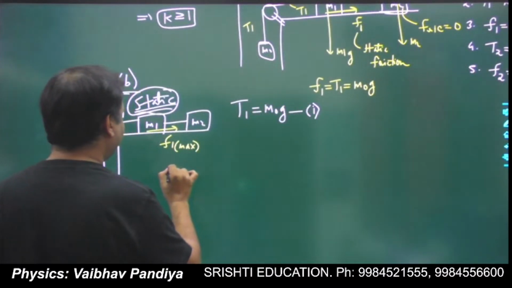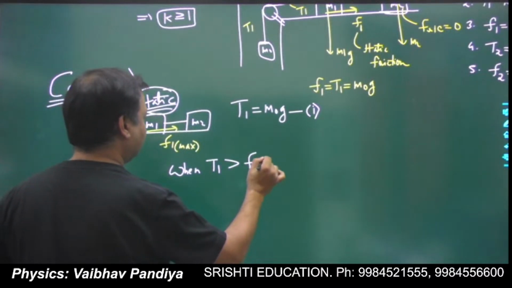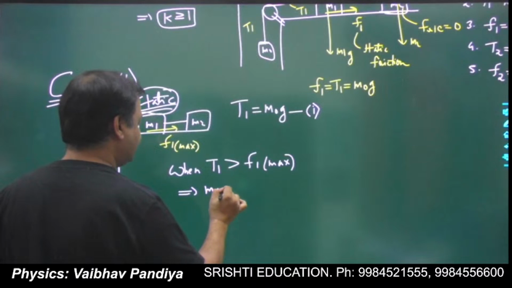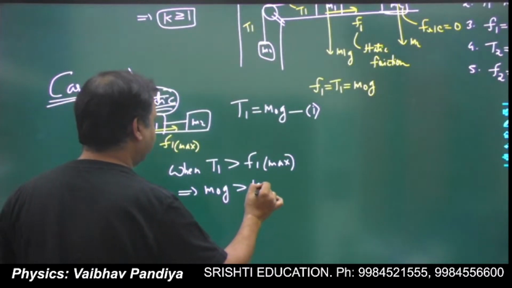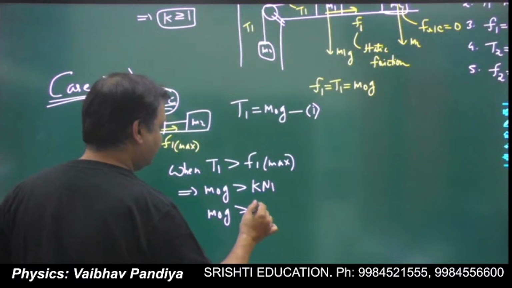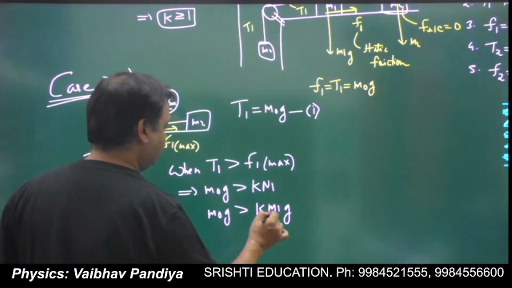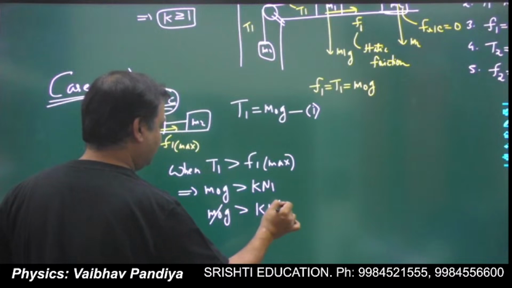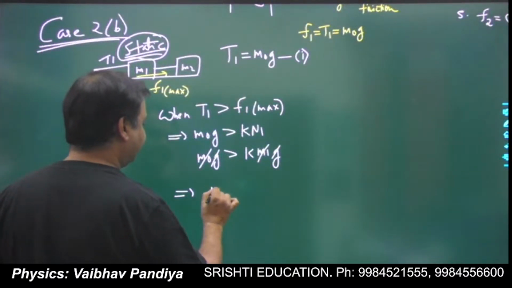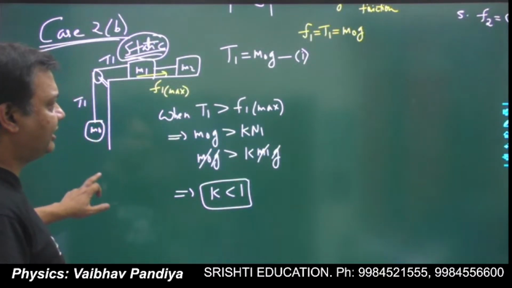Now let us assume that T1 is greater than F1 max, so when M0G is greater than K N1, that is when M0G is greater than K M1G, and M1 and M0 are equal, and G is also equal. So when K has a value less than 1.